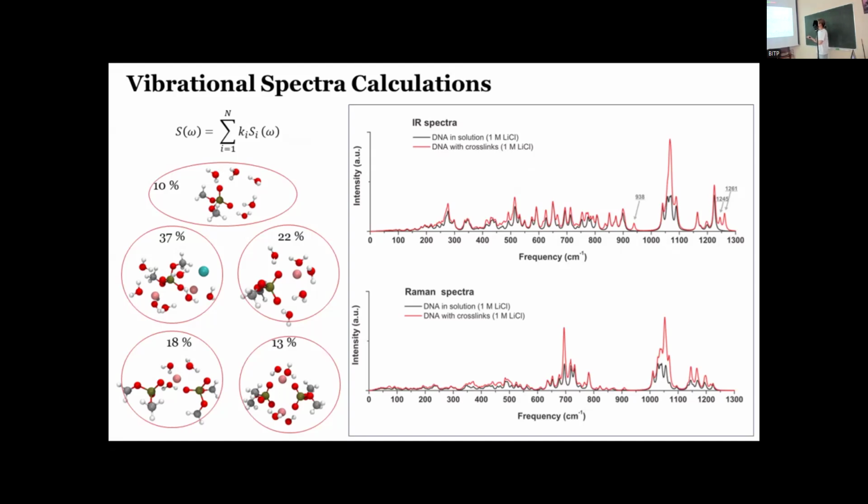So one can see that, first of all, the intensity in the case of the second spectrum with the crosslink increases. But the important thing is that in the region where we usually observe the backbone vibration according to experiment, from 900 to 1300 inverse centimeter, we see that in the case of the DNA with crosslinks, some new peaks appear, and obviously they should characterize the vibration, the formation of crosslinks.